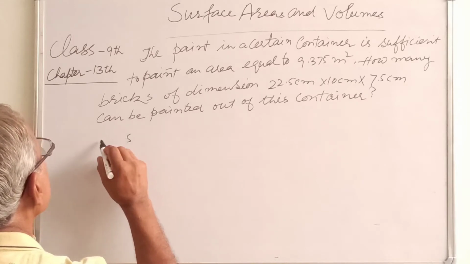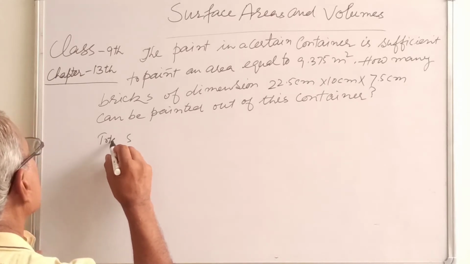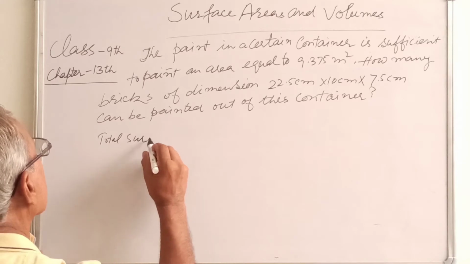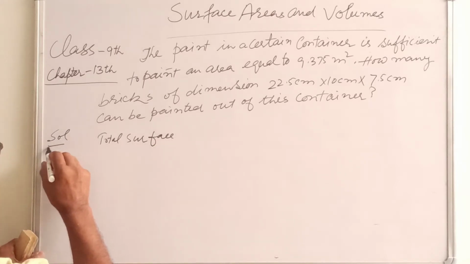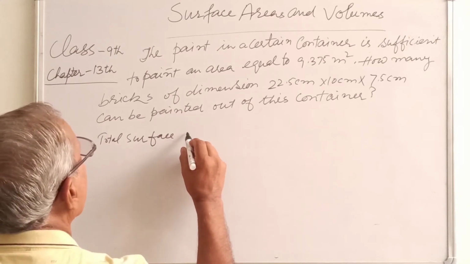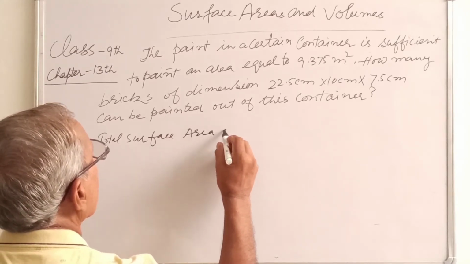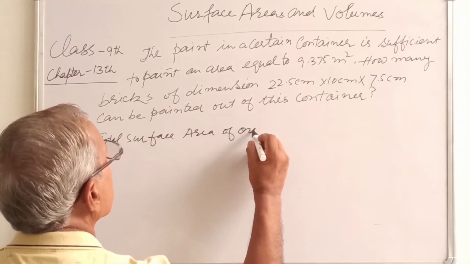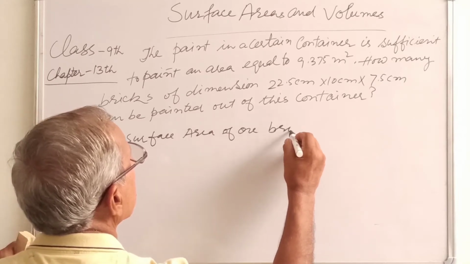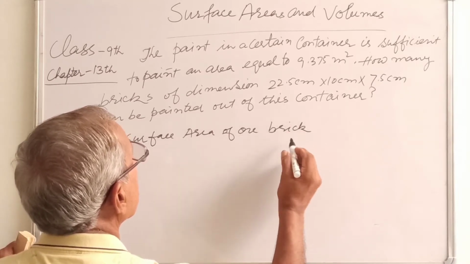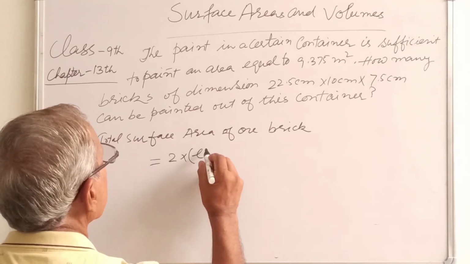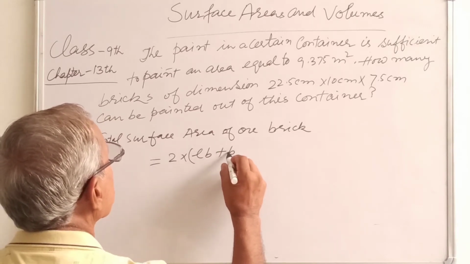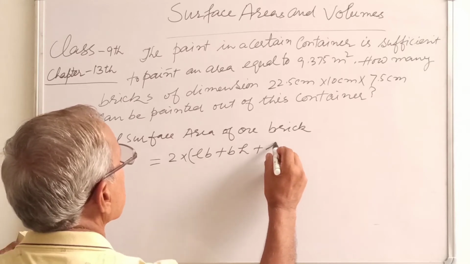Total surface area of one brick will be 2 into (LB plus BH plus HL).